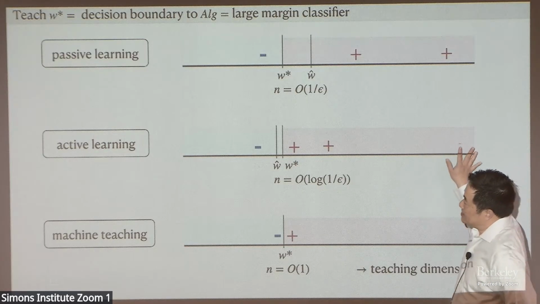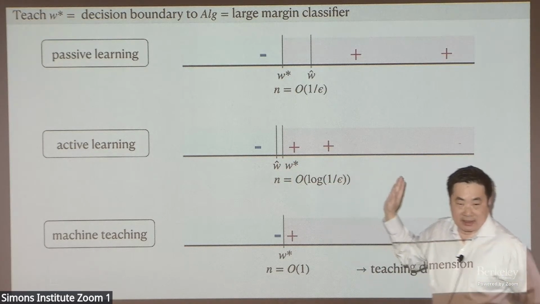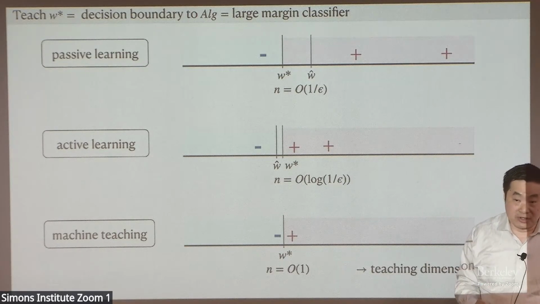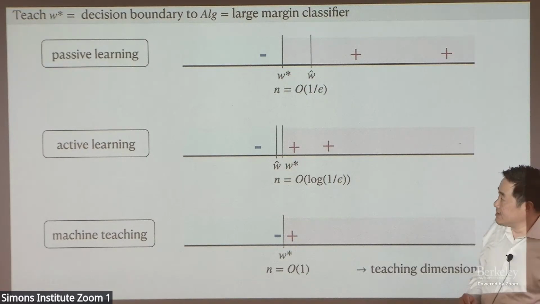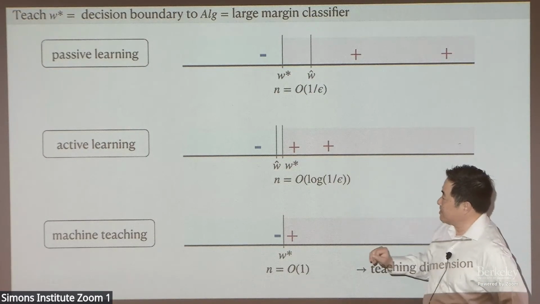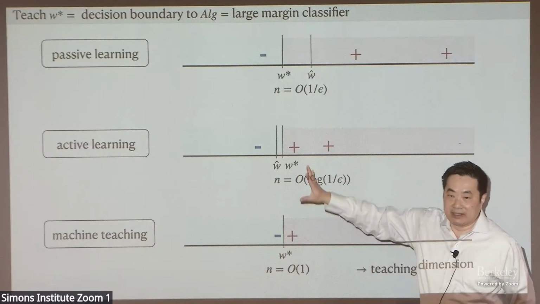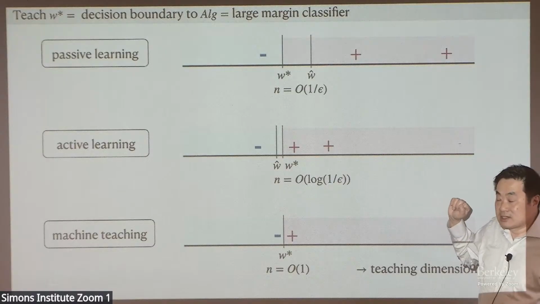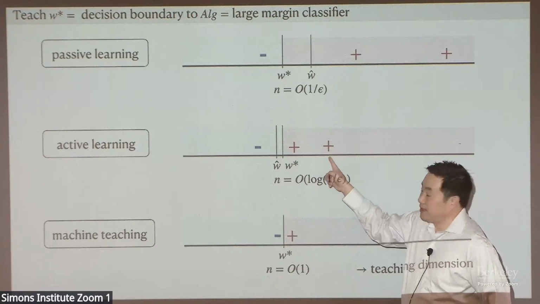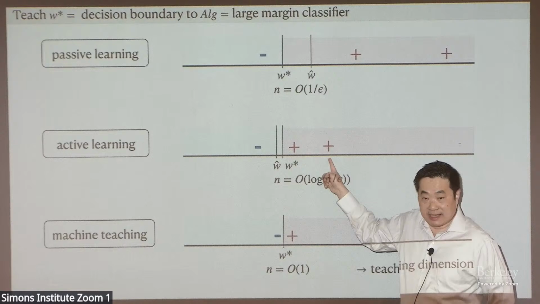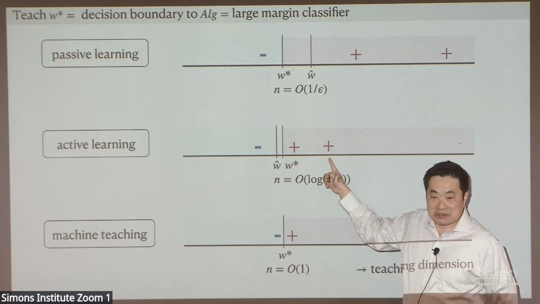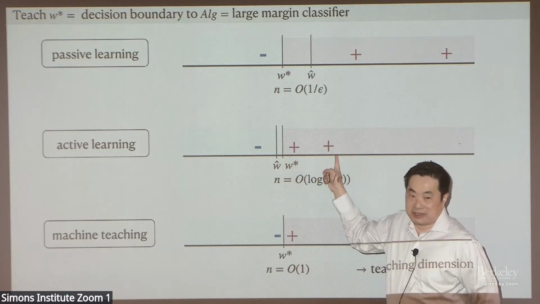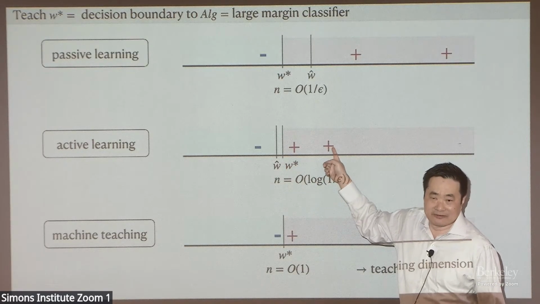In the special case of one-dimensional threshold classification, active learning reduces to just binary search on the learner's side, in the sense that the learner would say, I don't know where W star is, but I know it's a threshold with negative on the left, positive on the right. So what I should do is query the midpoint of the interval first, and ask the environment, what is the true label for this one? And because it's to the right of the true decision boundary, the environment will say it's positive.